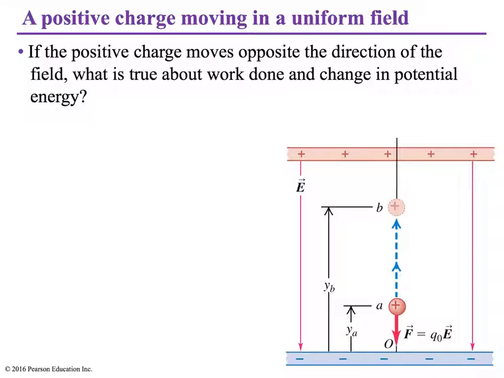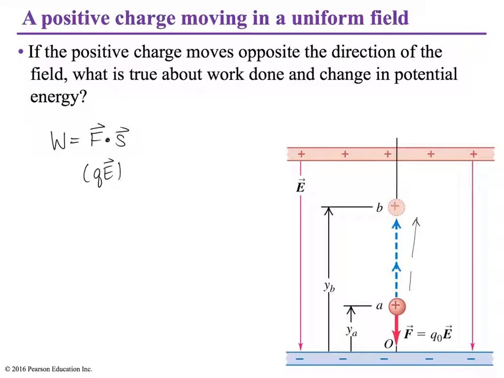Now, what if we look at the different situation? What if we have the particle moving in the opposite direction? What if it goes in this upward direction? Well, we can think about the work. So work is the force times the distance. Now, the force that's acting on that positive charge is still my QE.